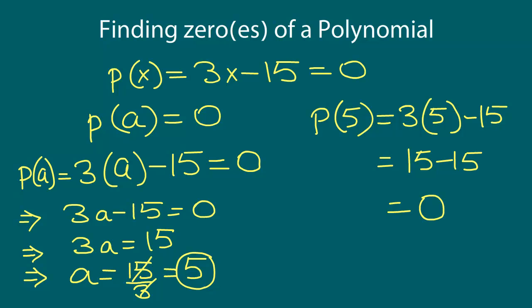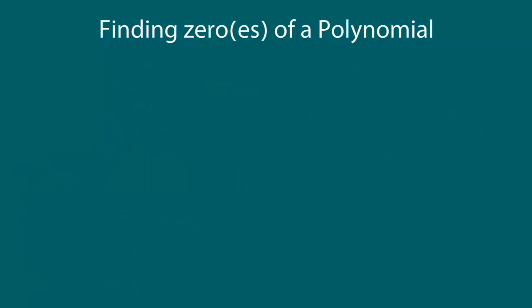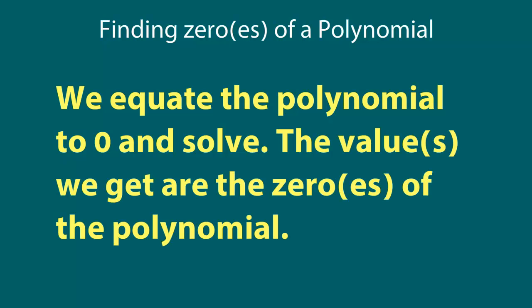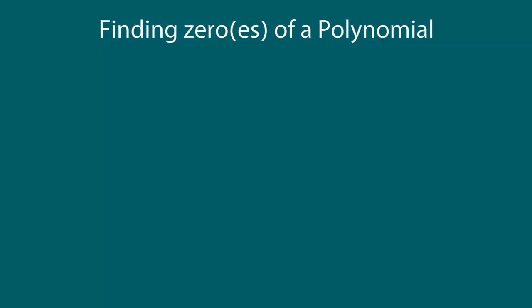So in other words, let's define this one more time. When we are asked to find the zero of a polynomial, we will simply equate the polynomial to 0 and we will solve, right? And whatever values we get, those value or values are the zeros of the polynomial. So let's take a look at maybe one or two more examples.